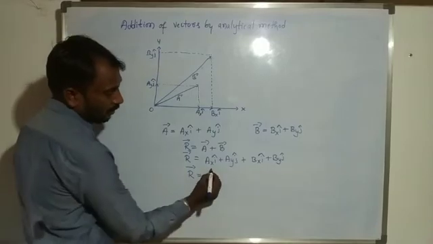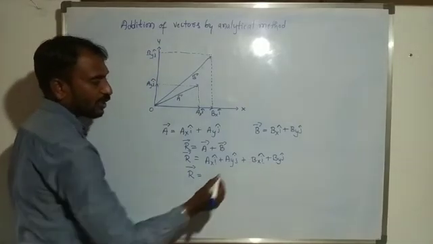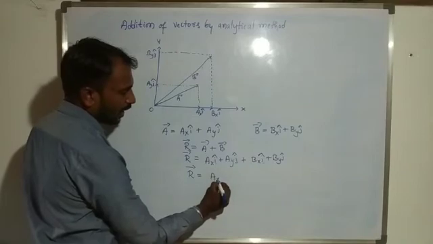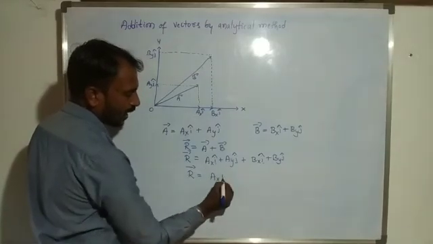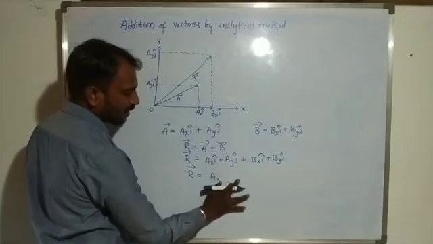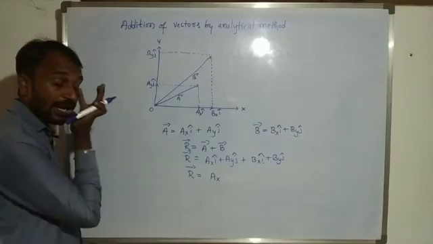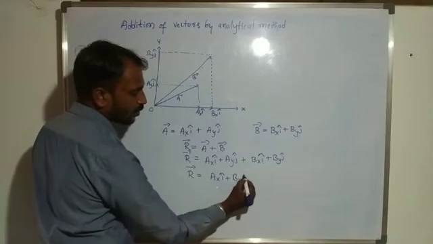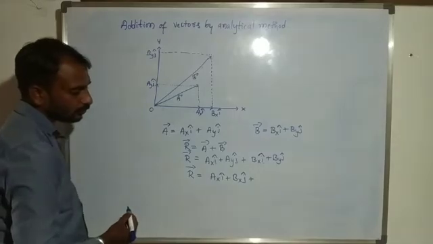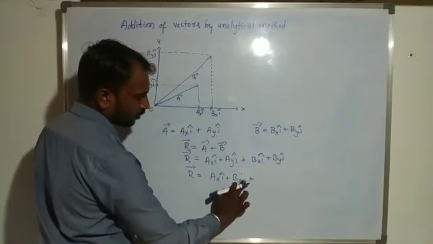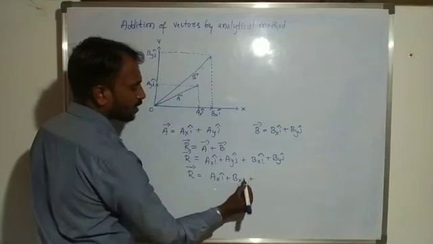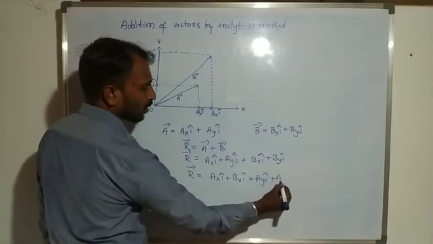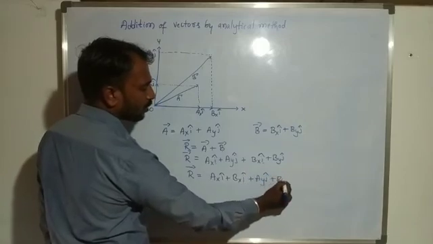Take i cap common and j cap common, because these two are unit vectors. So along the x-axis we just add the components: Ax i cap plus Bx i cap, and along the y-axis Ay j cap plus By j cap.